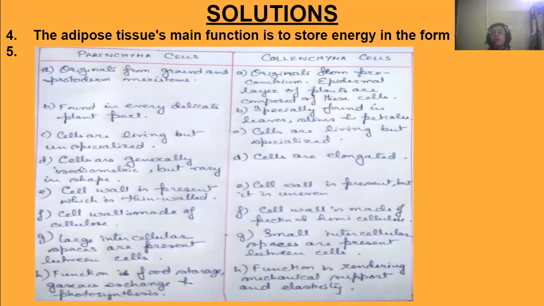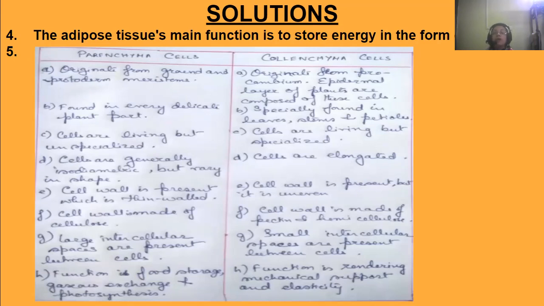The epidermal layers of the plants are composed of these cells. So these collenchyma cells form the epidermal layer of the plants. They originate from procambium, whereas the parenchyma cells grow from the protoderm of meristems.